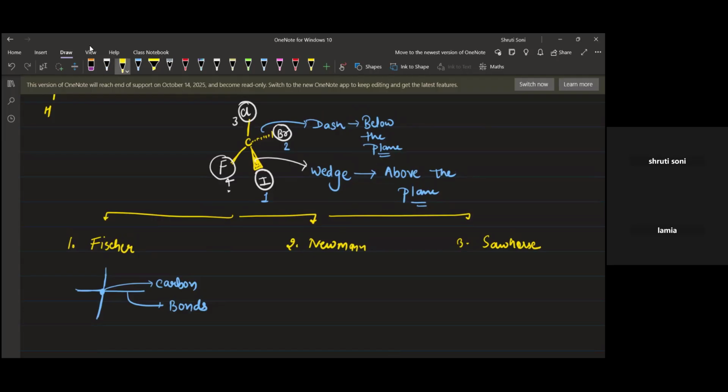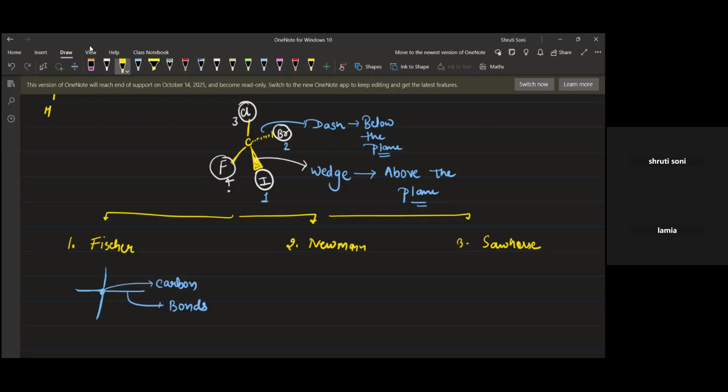So you need to identify the exact spatial arrangement of each molecule, how they will look in Fischer, Newman, and Sawhorse projection. Okay, so I'll start with some basics like Fischer, Newman, and Sawhorse. Do you know anything about that? If you know, we'll skip that part.